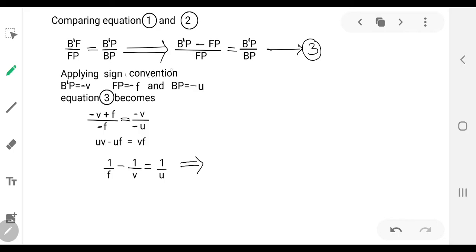The remaining things are the same. So B'P minus FP upon FP is equal to B'P by BP.